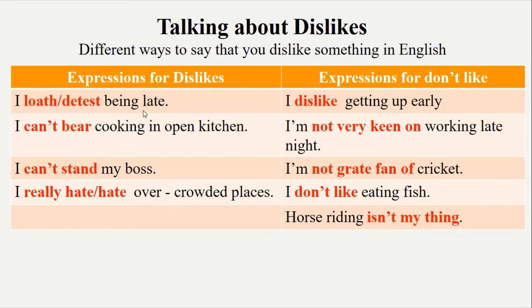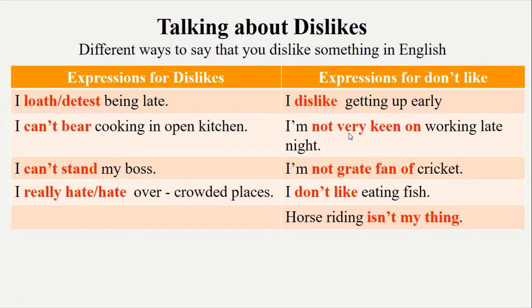In contrast, expressions for dislikes include only those expressions through which you can express your disliking and your disinterest in something. So let's have a look. I dislike getting up early. I'm not very keen on working late at night.